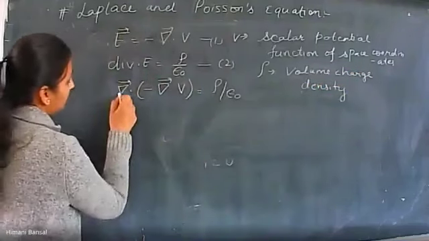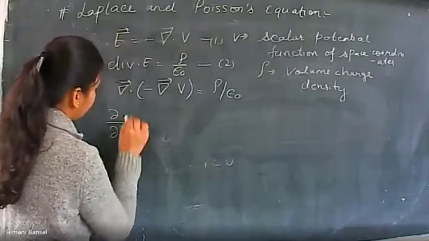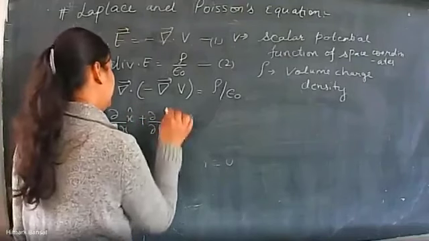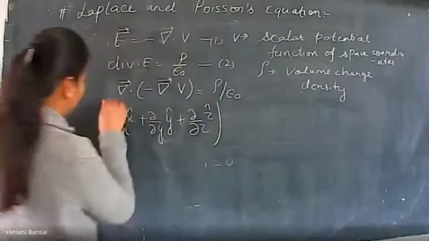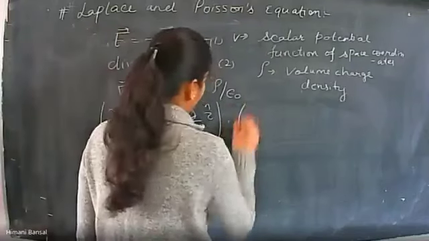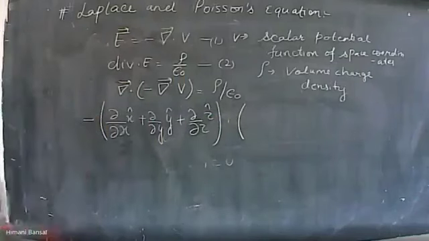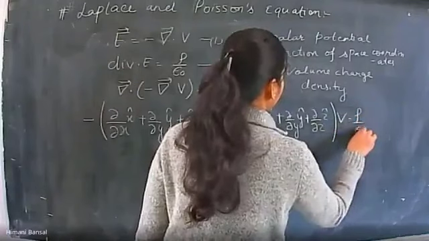So here, this del operator we know is equal to del by del x into x cap, plus del by del y into y cap, plus del by del z into z cap, dotted with del V, taking the negative sign outside, is equal to rho over epsilon naught.